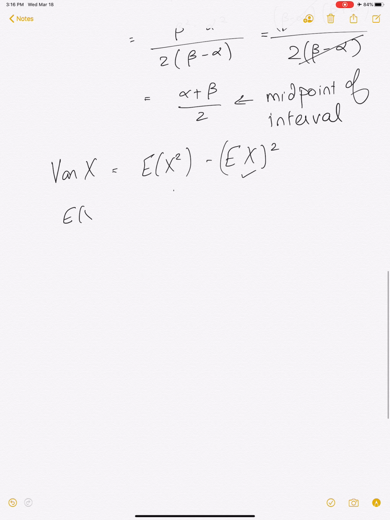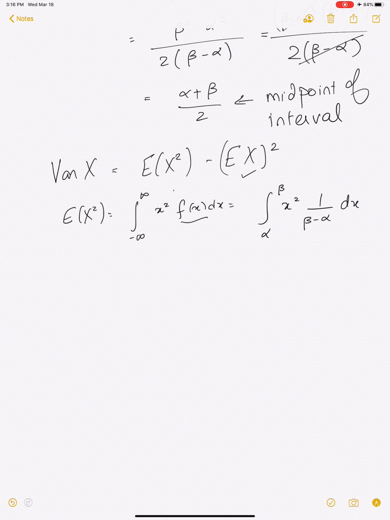Going through this again, it's the integral from minus infinity to infinity of x squared times the density, which is 0 outside of alpha to beta, so let's just integrate from alpha to beta, x squared times 1 over beta minus alpha dx.